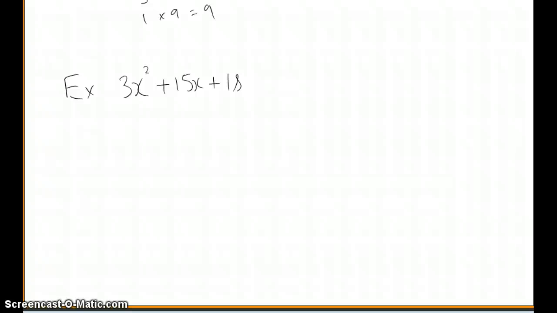The first thing you should really always do when you've got a coefficient greater than 1 is see if the terms are divisible by that multiple. In this case, 3 goes into 3, it goes into 15, and it also goes into 18. So the first step with this one is to take 3 outside a bracket.